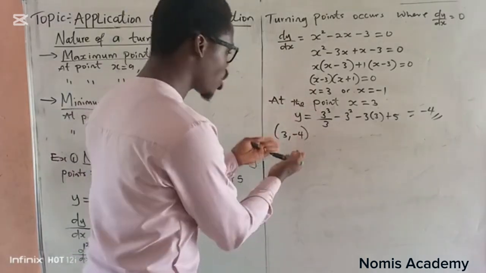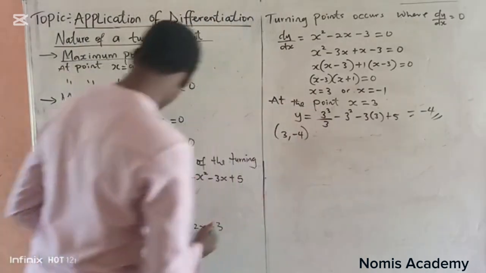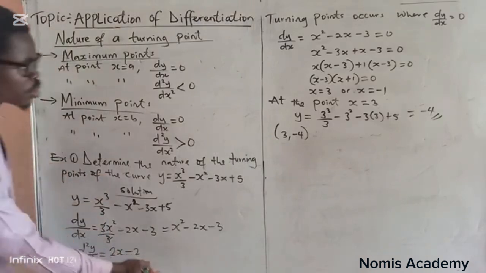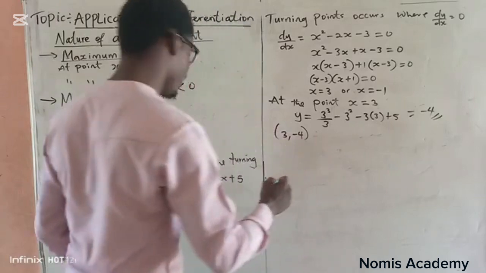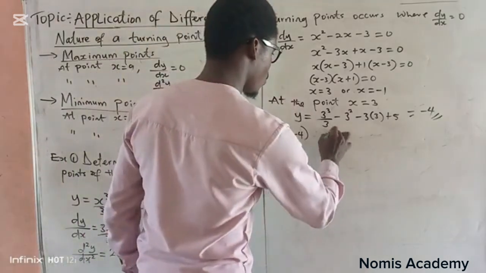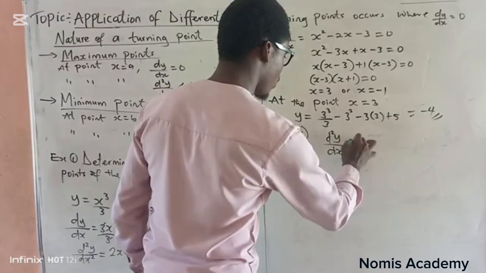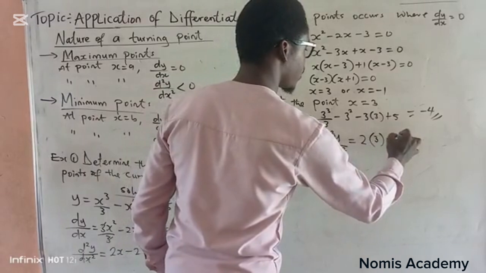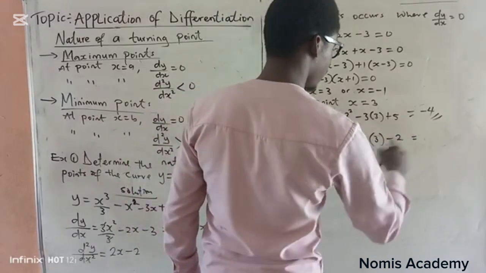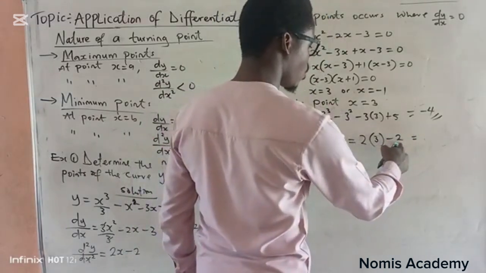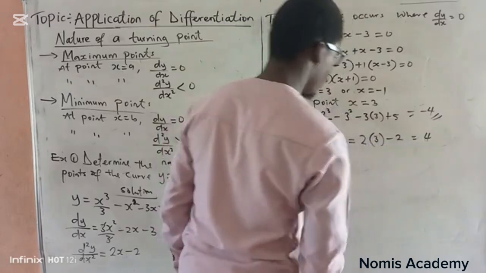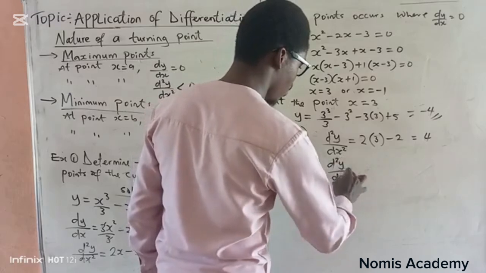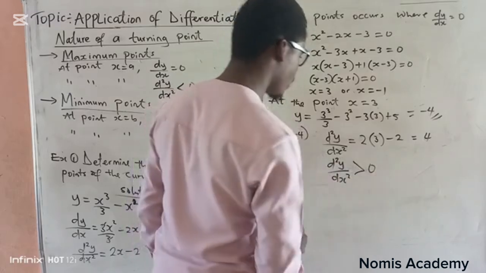Now to find the nature of this point, we bring in d squared y over dx squared. Let's get the value of d squared y over dx squared, which is 2 times 3 minus 2. This gives us 6 minus 2, and that is 4. So you can see that d squared y over dx squared is greater than 0.